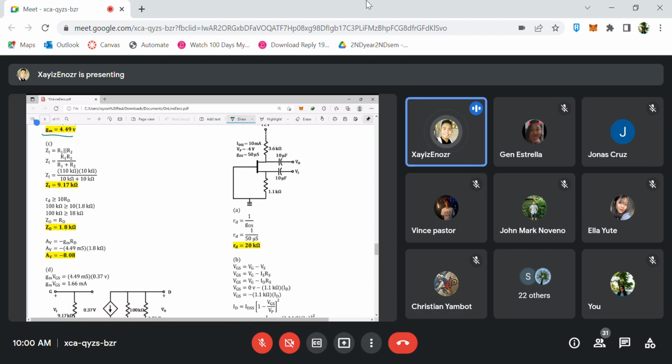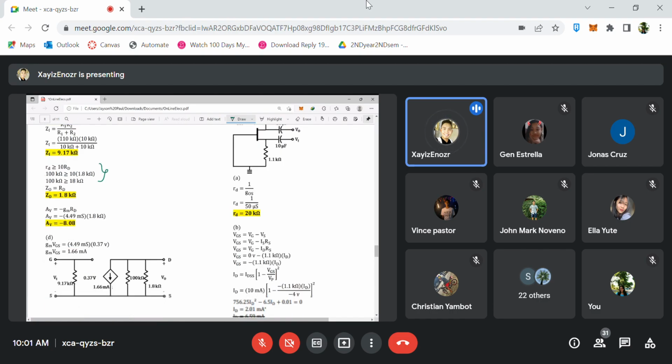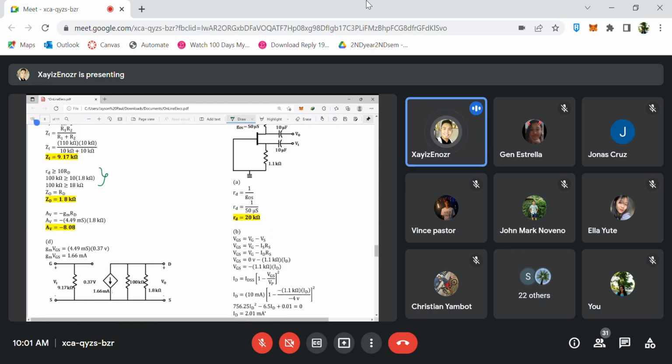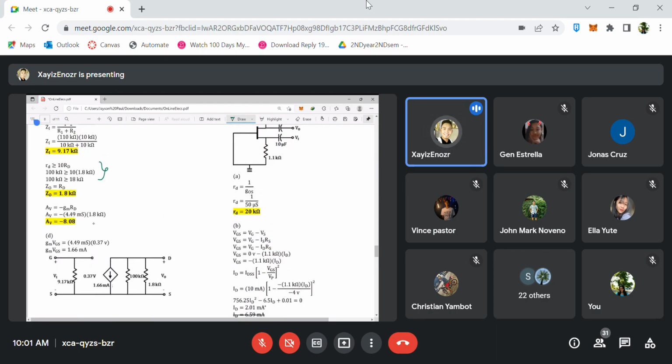Then output impedance 1.8 kilo ohms kasi satisfied naman yung condition with RD and yung drain resistance. Then voltage gain, multiply mo lang siya. Substitute mo lang, lalagay mo lang siya doon sa dynamic AC equivalent circuit.